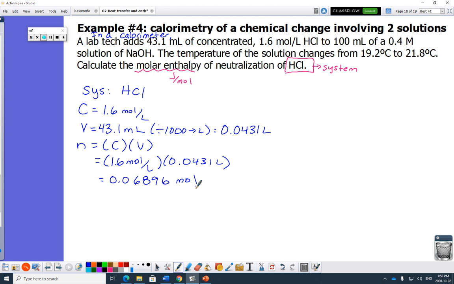So if you forgot to change it to liters, then you would get 68.96 moles. That's a lot of moles. We don't usually deal with moles that big, right? So hopefully that's your clue. Oh, that doesn't make sense. I made a mistake.